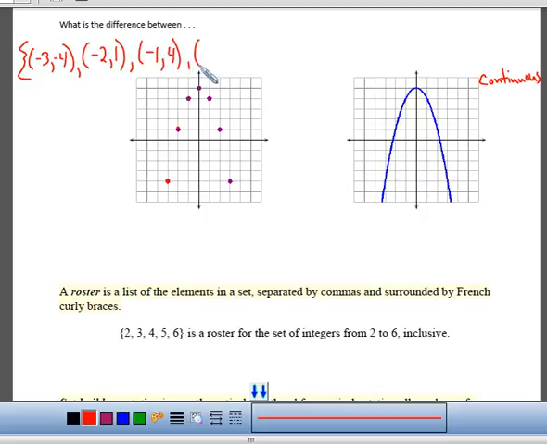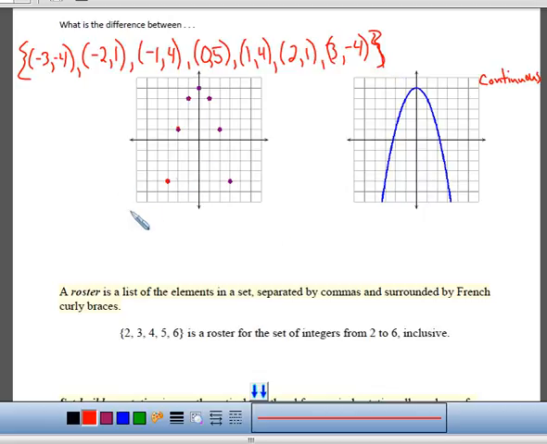Then we have (0, 5). Then we have (1, 4), (2, 1), and finally (3, -4). And then remember to end your set with a curly bracket or a mustache bracket.